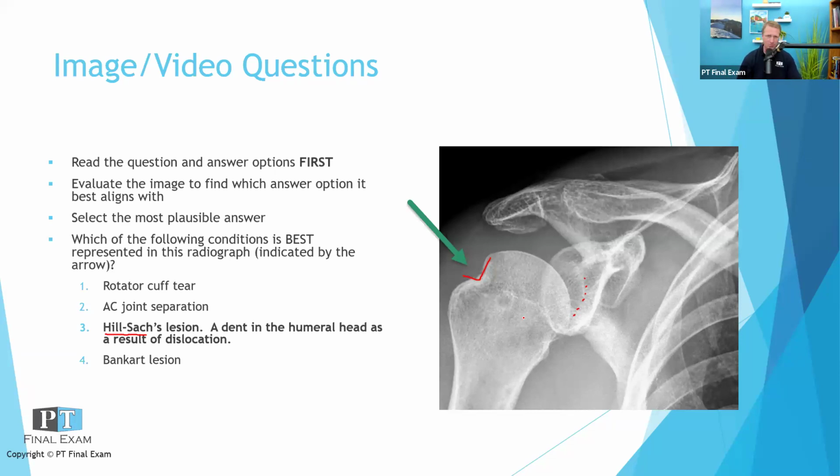And so as far as identifying it on radiograph, you're going to look for that on the lateral humerus. Now, on test day, there might be a couple of radiographs, but they are quite musculoskeletal related and they have to be very obvious, especially considering that we are not radiologists. So the location has to be obvious. It has to be something that is relevant to our musculoskeletal or neuromuscular pathologies. So this is an example of that.